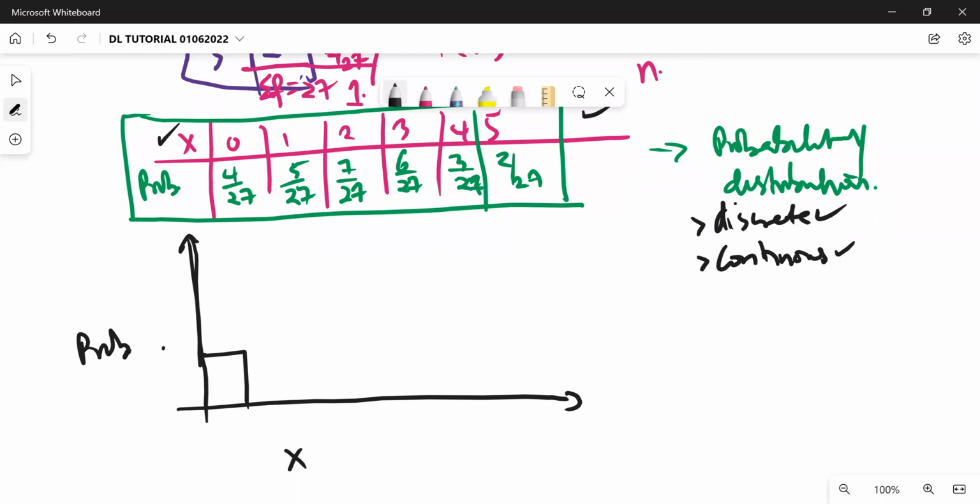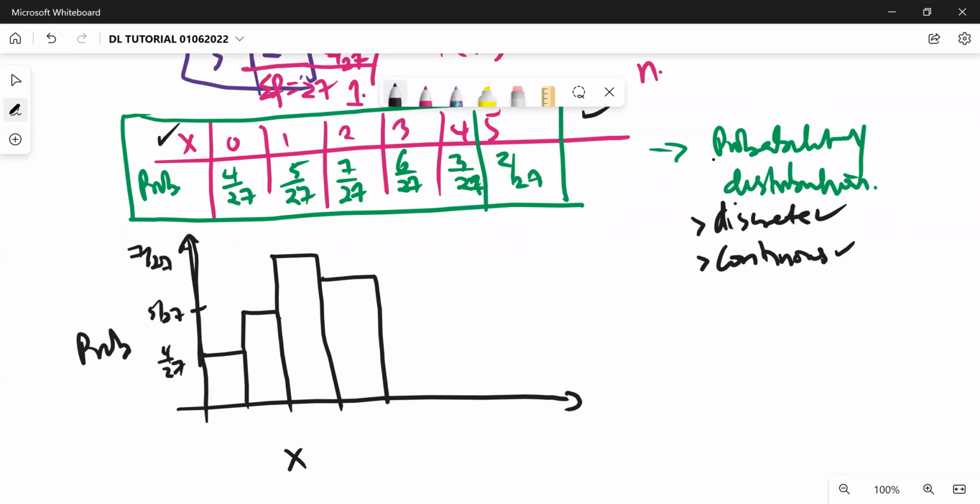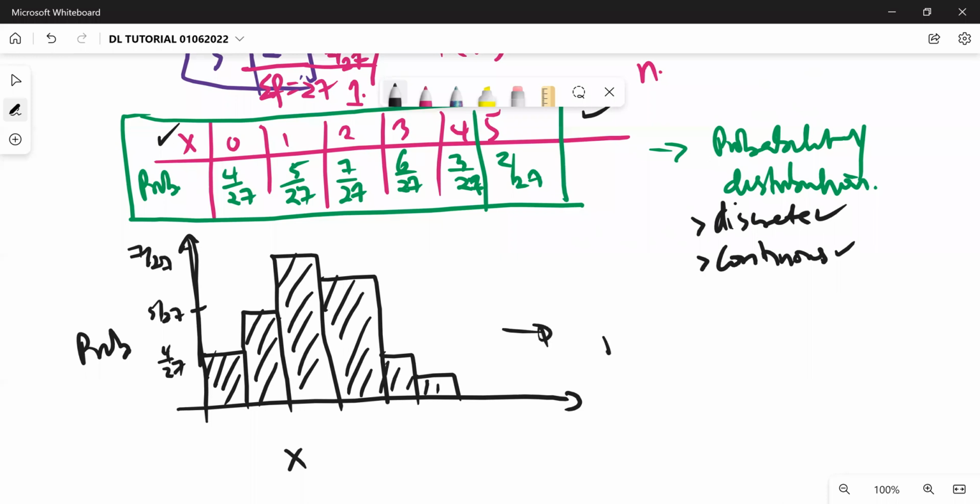So this is 4 out of 27, then 5 out of 27, then 7 out of 27, 6 out of 27, 3 out of 27, and 2 out of 27. So you can have a graph like that. That graph and the table above, they are talking about the same thing. So again, this is a probability distribution.